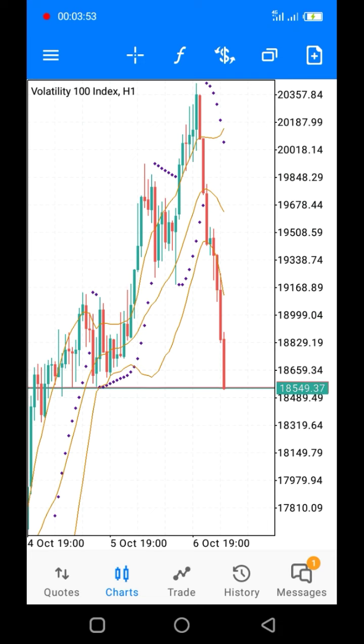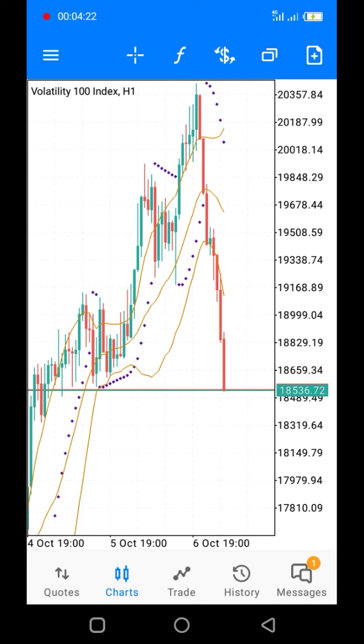Set specific entry and exit points. I said in the previous video that any strategy that doesn't have entry and exit points is not suitable to trade. So when you want to enter a trade, know your exit point in case the trade did not go in your direction. Close immediately when it gets to your exit point.